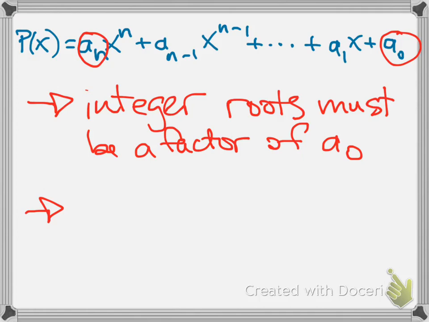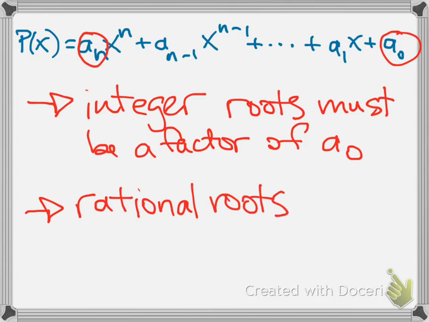The other thing that the rational root theorem tells us is that if you have a rational root, and just to refresh your memory, a rational number is simply any number that can be written as a fraction. So all integers are rational numbers, but all fractions are rational numbers as well, because they can be written as, of course, the root word in rational is ratio.